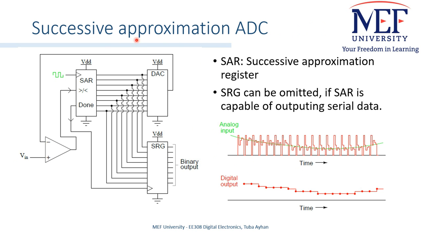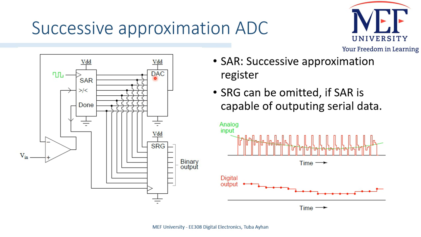We are using successive approximation ADCs. A successive approximation register, SAR in short, replaces that counter. Now the SAR is generating the binary codes.